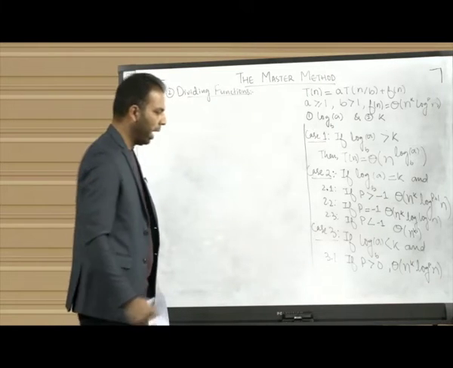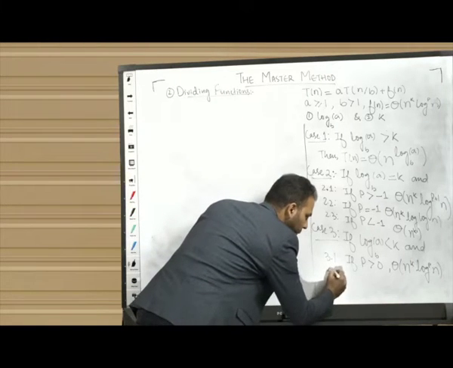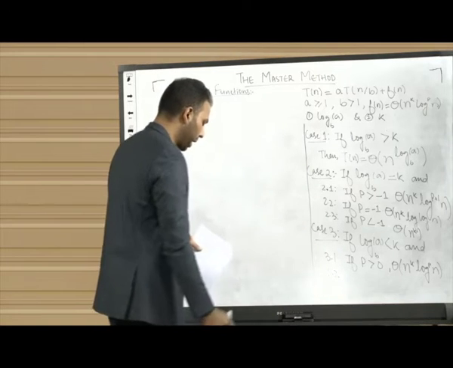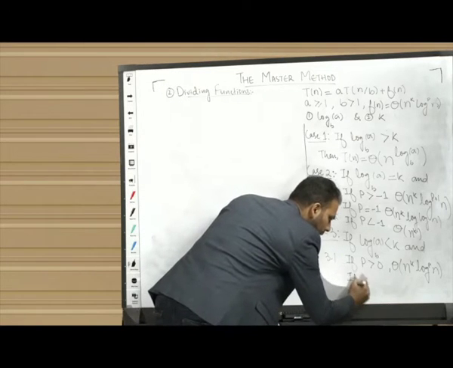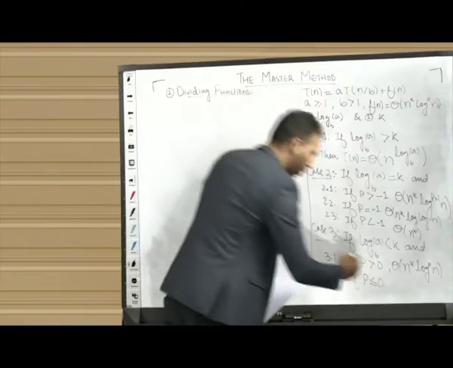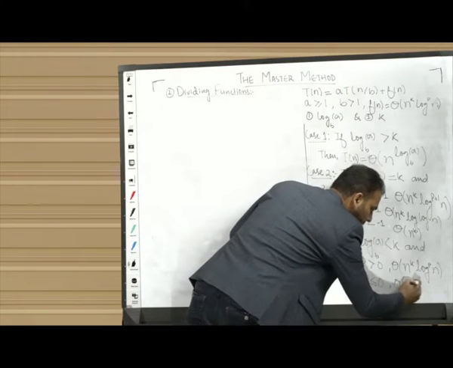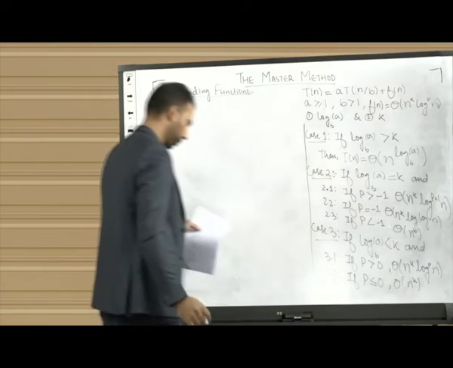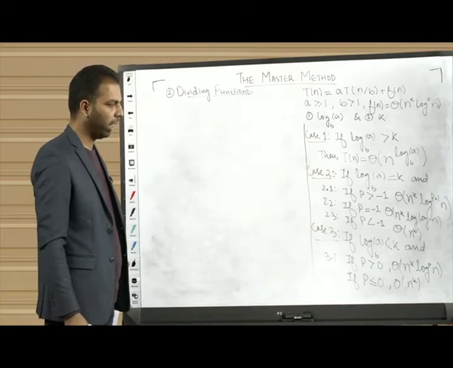And the last case is 3.2, that is if p is less than or equal to 0, it will be of the order theta n raised power k.